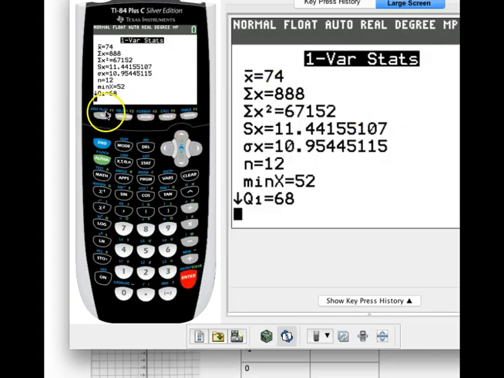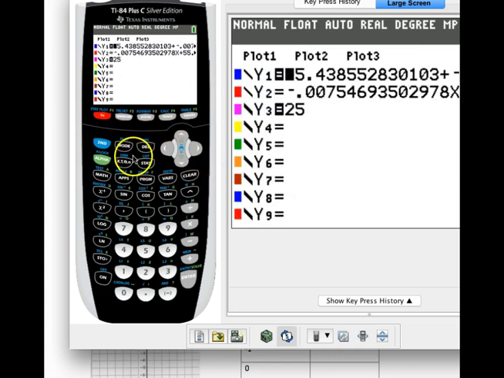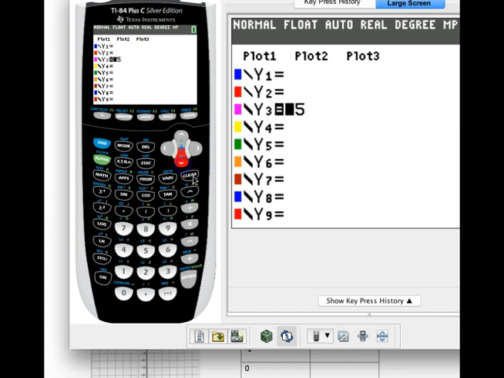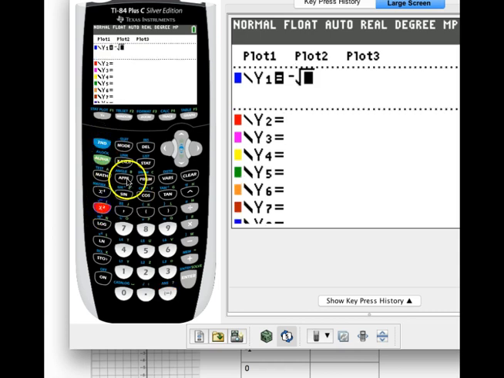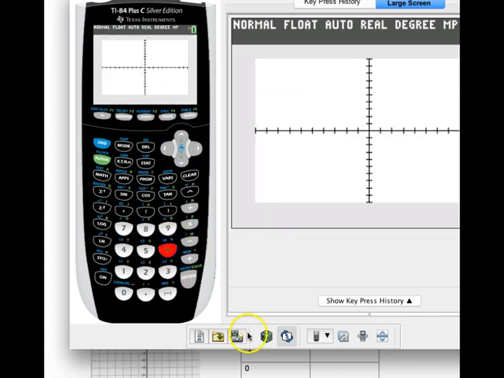I'm going to pretend like you don't remember what's going on from Algebra 2 just to fully illustrate. So I'm going to type in the opposite of the square root of x as my function, and I have no idea what type of window I have, so I'm going to go ahead and zoom 6. And here we see the graph of that function.